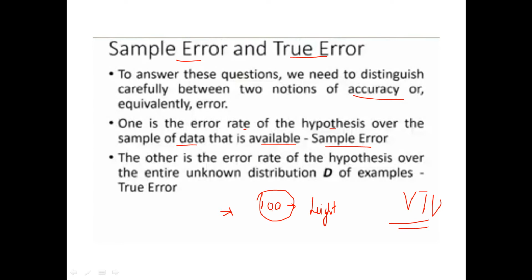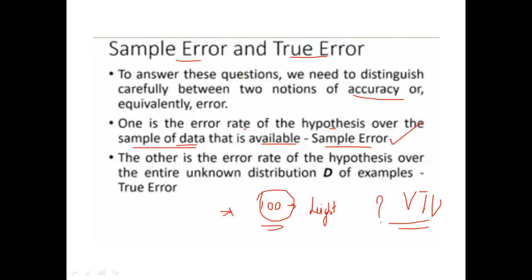So there is a 10% error in this data. This is your sample, so we call it a sample error. Try to understand carefully: the error rate of our hypothesis over the sample data which is available with us, we call it the sample error.